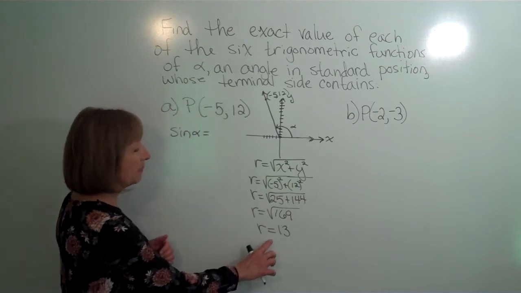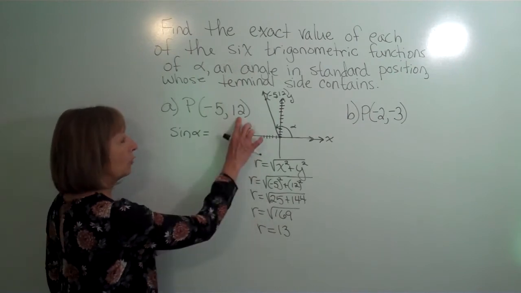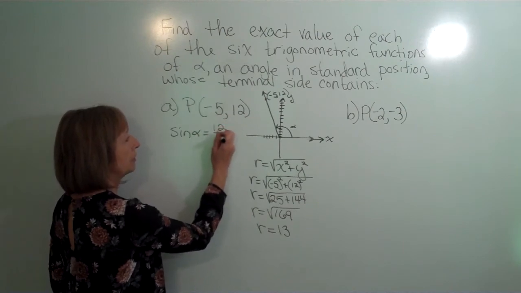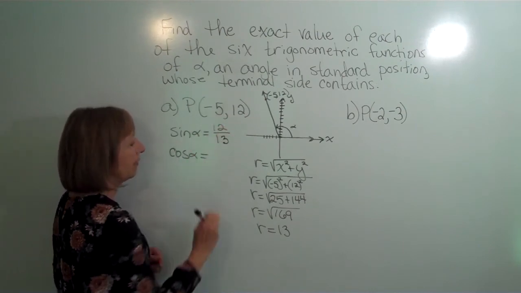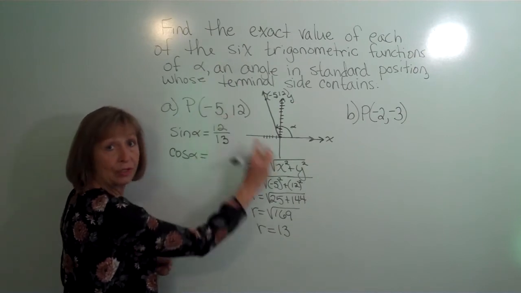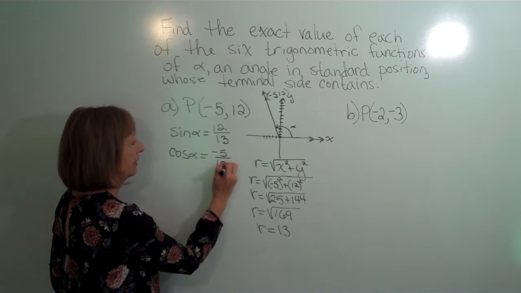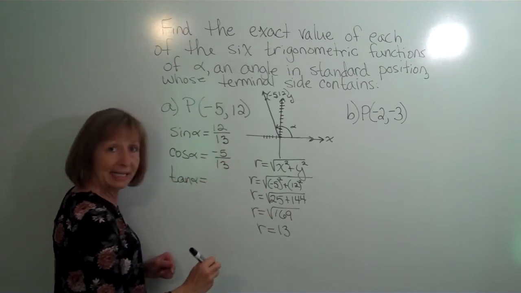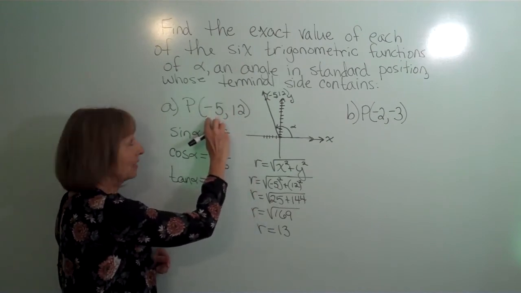So now, coming back to our ratios, the sine of alpha is the y coordinate over r, so that's 12 over 13. The cosine of your angle alpha is the x coordinate over r, so that's -5 over 13. The tangent of your angle alpha is the y coordinate divided by the x coordinate.